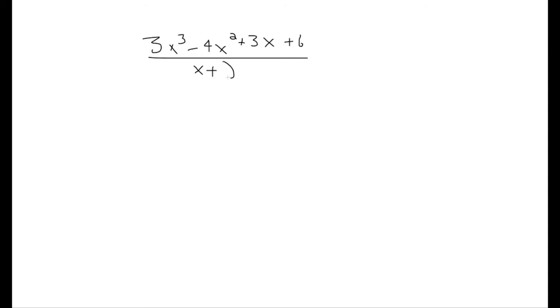So this problem would work because it's x plus some constant, where the constant is 2. I'm just going to divide this using the method that we used last video, and then I'll explain how we can use the new method to solve this.